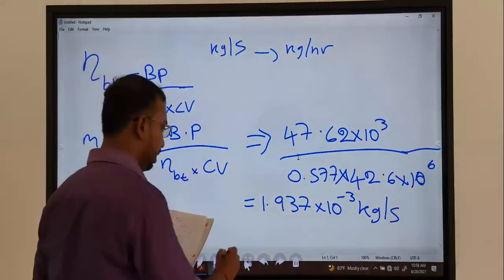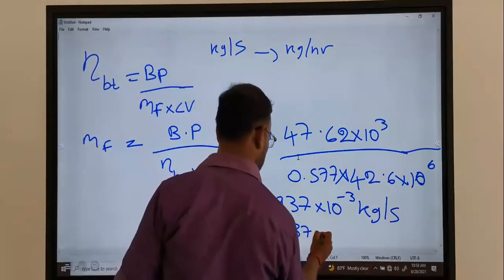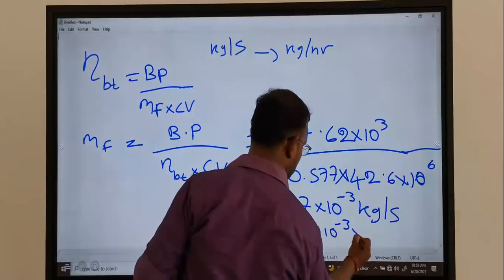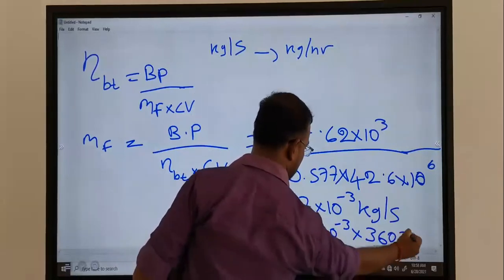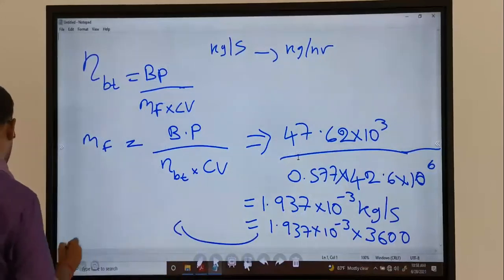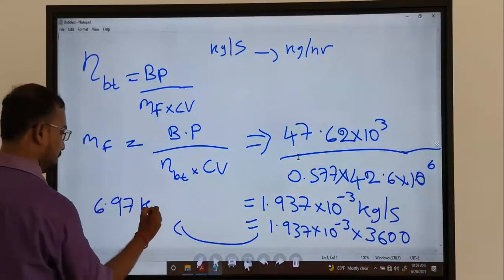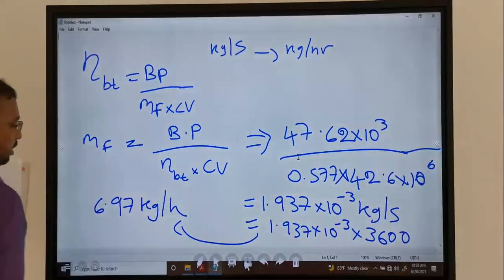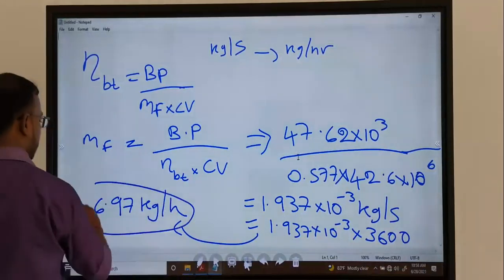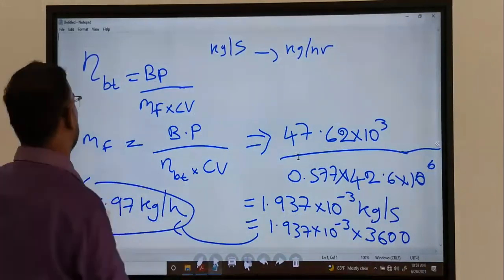Then we have to convert to kilogram per hour by multiplying by 3600. So the answer will be 6.97 kilogram per hour. This is the answer for the mass of fuel consumed, in kilogram per hour.